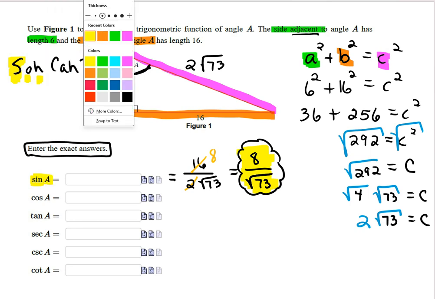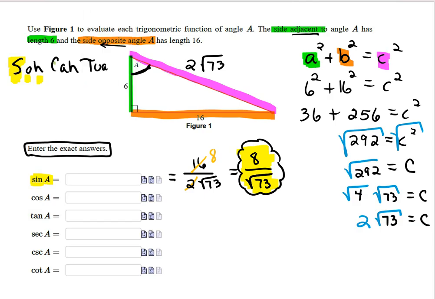And then we're going to go to the cosine, which is adjacent over hypotenuse. So cosine of A is adjacent, which is green, and green is 6 over 2 times the square root of 73.